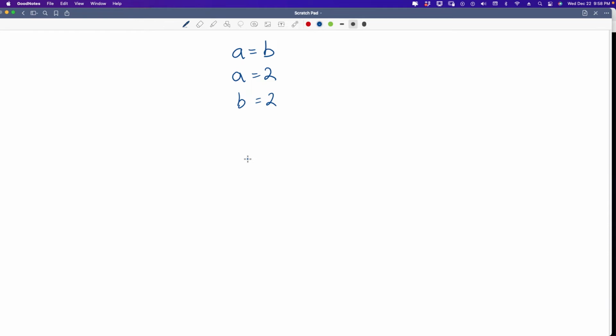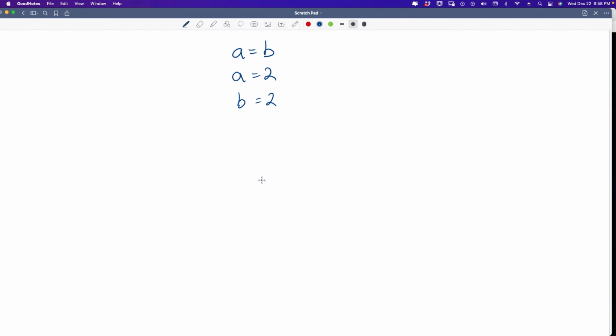That's basically what this whole thing is about. If I tell you that these two are equal, and then I give you the value for one of them, you should be able to sub in that same value for the other one. That's what this part of the lesson is all about.